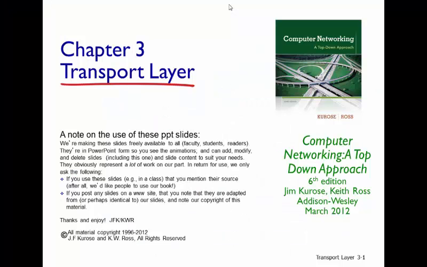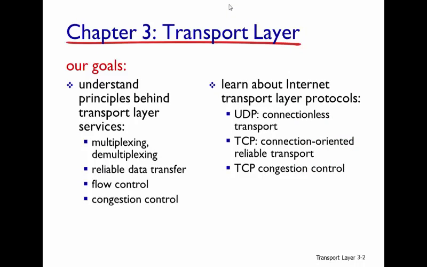Transport layer. Our goal is to understand the principles behind the transport layer. What the transport layer could do is multiplexing, demultiplexing, and take care of transport and flow control, congestion control.